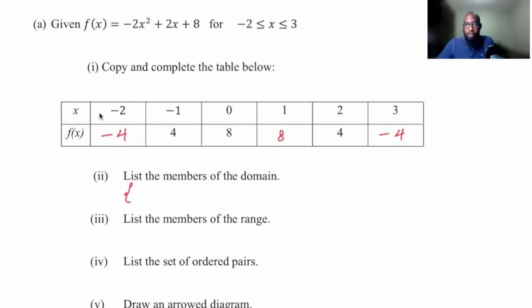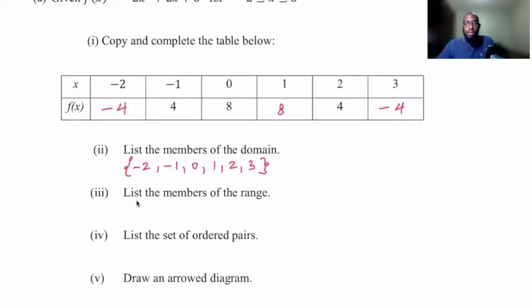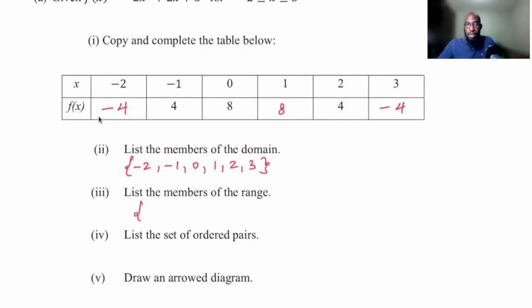We list our x values and we have commas in between them. Now we have to list the members of the range. The members of the range are our y values. So we're going to do that, open curly brackets, and we are going to put our y values.